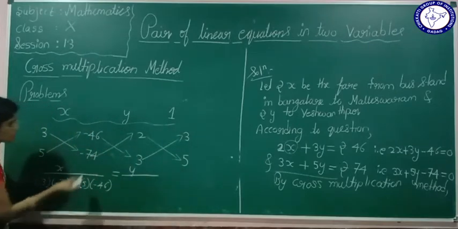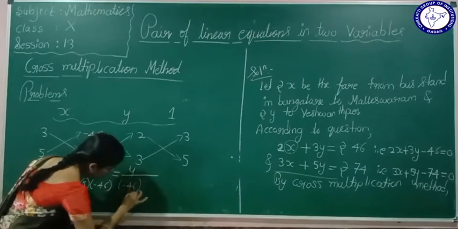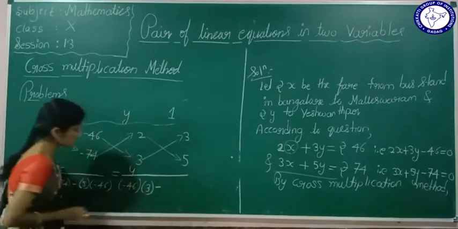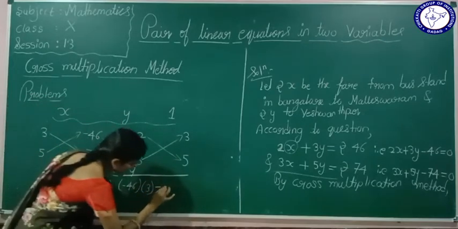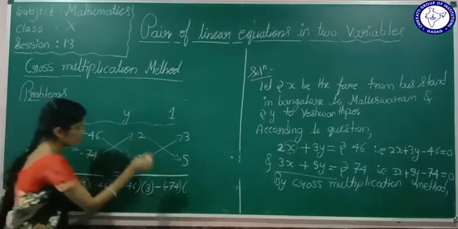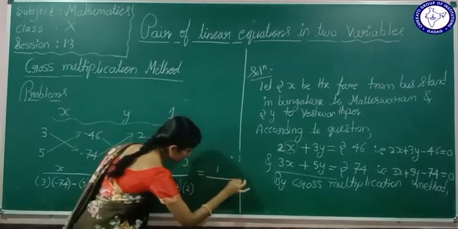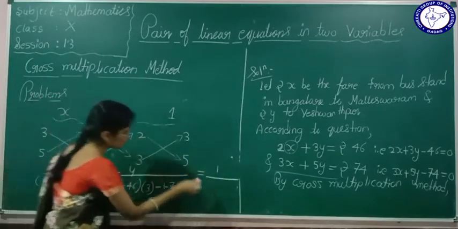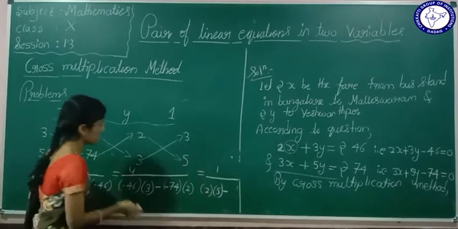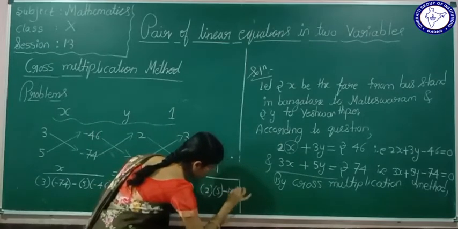What about y? Minus 46 multiplied by 3. Okay, subtract this with minus 74 multiplied by 2, is equal to 1, over 2 multiplied by 5 minus 3 multiplied by 3.